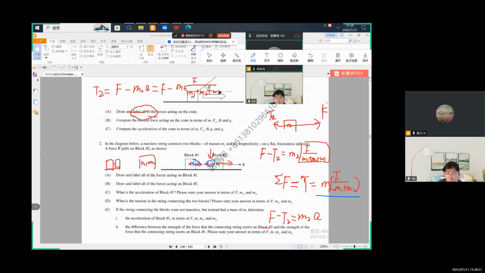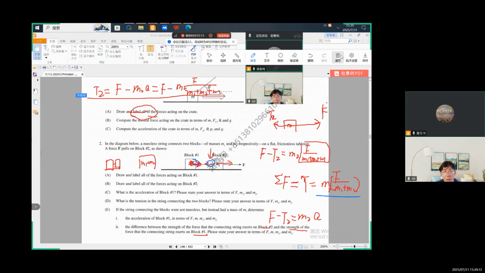Let's read the other one here. The strength of the force that the connecting string exerts on block 1. So here is the block 1 tension. It's a little different than the previous parts. Now I have T2, all I need is T1.